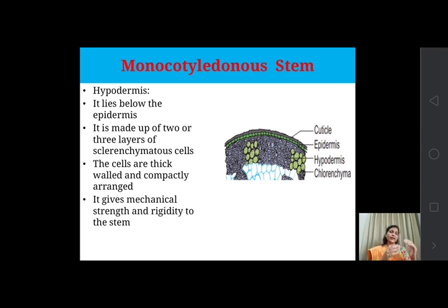Hypo means below and dermis means epidermis, that is, just below the epidermis there are 3 to 4 layers or more of sclerenchymatous cells, known as the hypodermis. As you know, sclerenchymatous tissue is thick walled and dead. The cells are thick walled and compactly arranged.